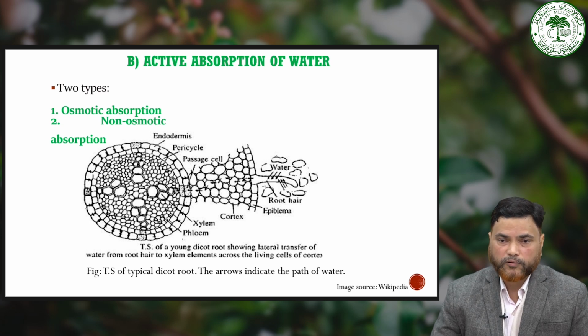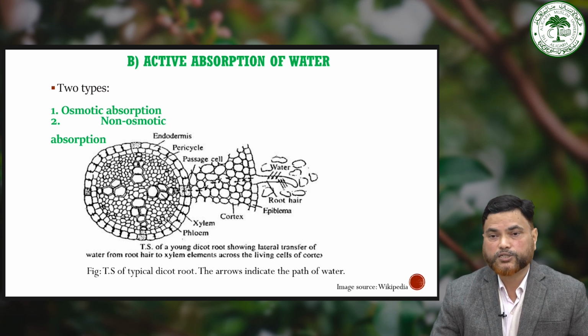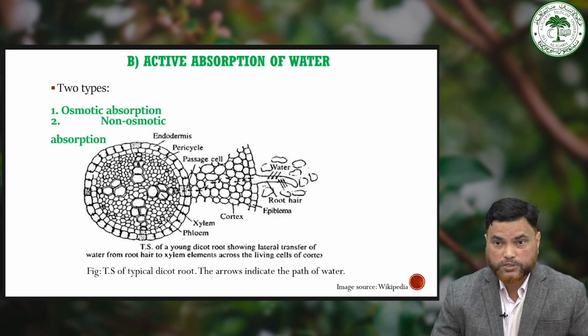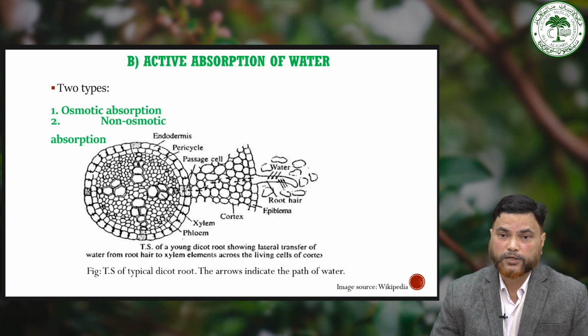And movement of water occurs in active absorption against the water potential gradient. Of course, it requires the expenditure of energy as it is taking place against the water potential gradient.